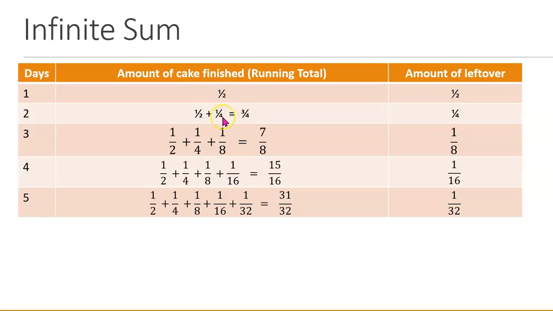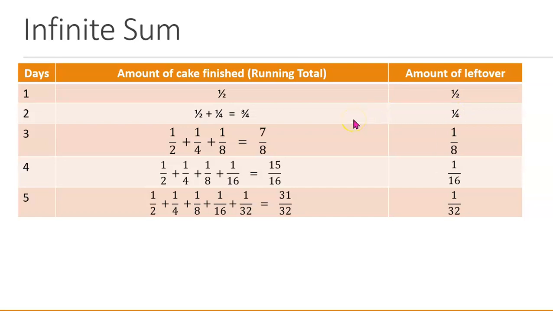The next day you eat 1/4 of the cake, so the total amount eaten is 1/2 plus 1/4, which is 3/4 of the cake. It appears in this example that it's actually easier to track the amount of leftover.